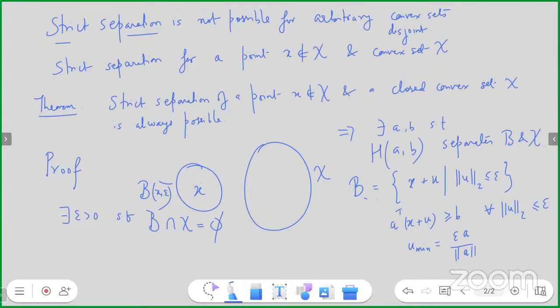That's all I really need to care about. That is this point. Now use this and massage a, b such that you get a strict separation. That's all you need to do. So all you need to give me is the new hyperplane. Nothing else. And at that u min, the equality is satisfied.